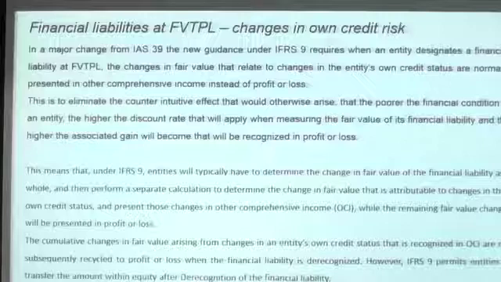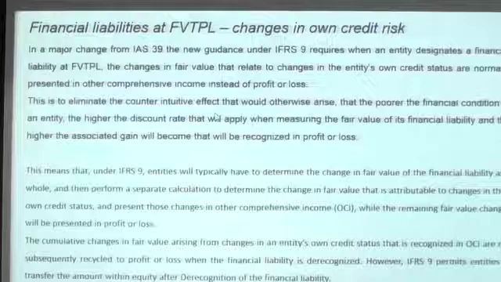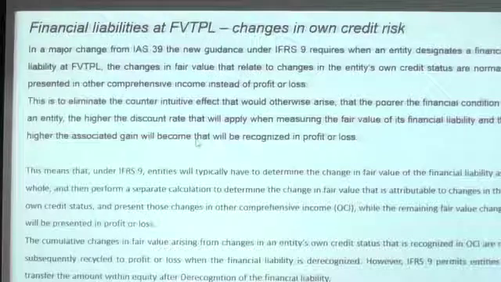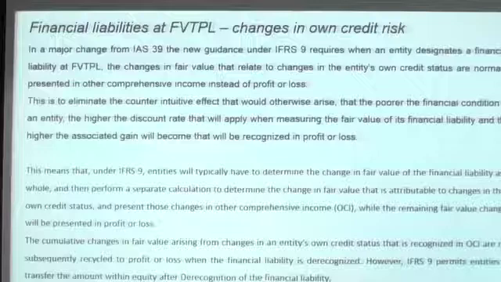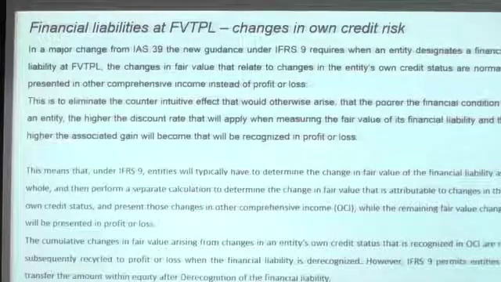This eliminates the counter-intuitive effect that would otherwise arise, that the poorer the financial condition of an entity, the higher the discount rate. Why? When financial condition becomes poor, credit risk will increase and the discount rate will increase because you have to pay more interest. Is that clear? For example, if government issues bonds and a private company issues bonds, the private company has to pay more interest.